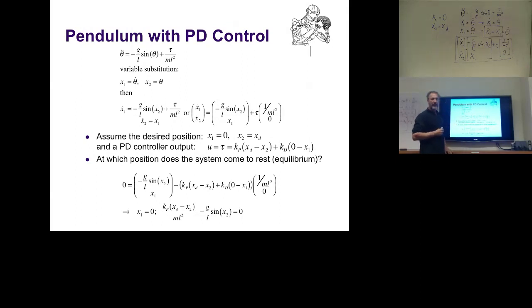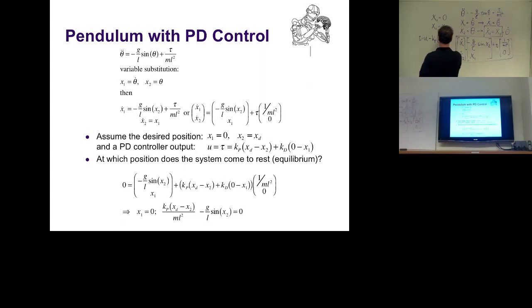So this is shown here on the slide, and I just write it down one more time. So the PD controller for this would be that tau, also we can call it u, equals a position gain times the error in position.